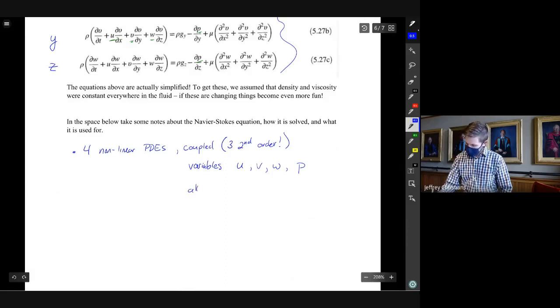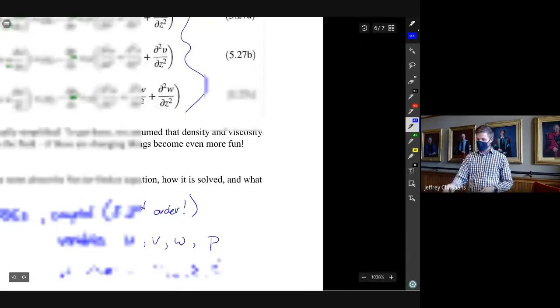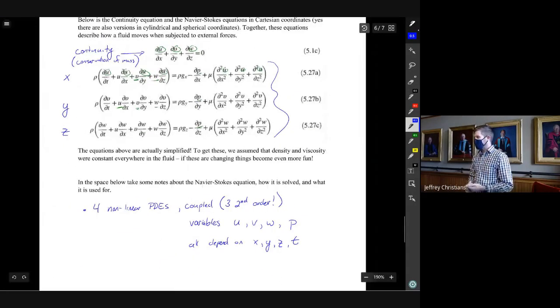All of our variables depend on X, Y, Z, and time in general. So we have 4 variables, each a function of 4 variables. So if we wanted to solve this, and this is where it gets super fun, you need an initial condition for each of those 4.